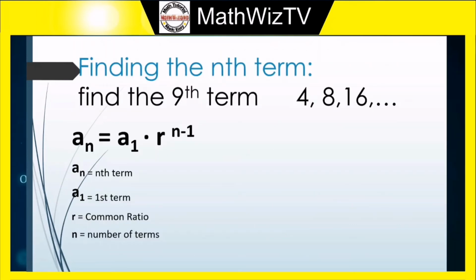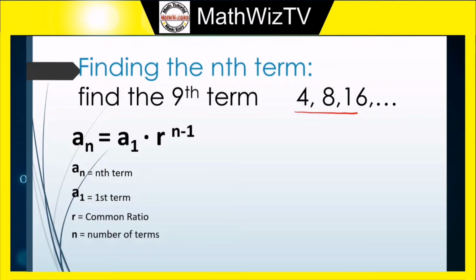Now let us proceed in finding the nth term. So this is the example. Find the ninth term of 4, 8, 16. So we all know that this is an example of geometric sequence because they have a common ratio, right?